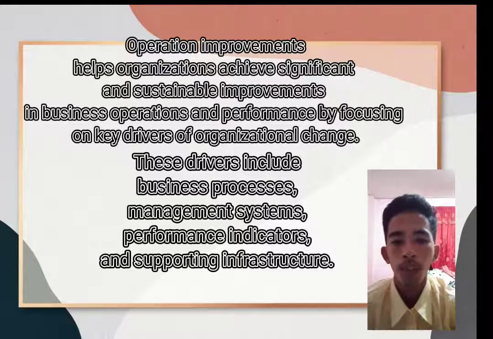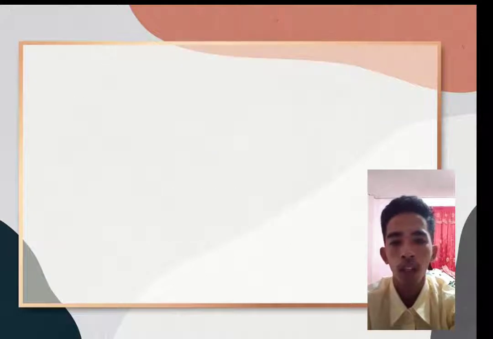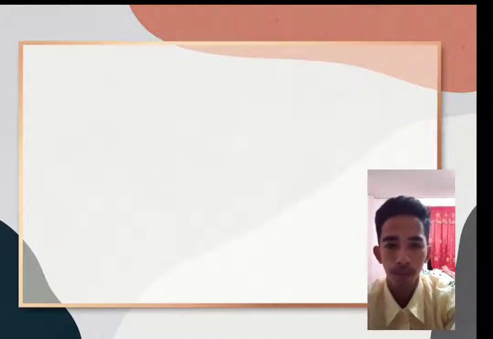Operation improvement is important because effective practices that support business process improvement can help remove inefficiencies and ultimately improve the productivity of team members. With goals of enhancing processes, organizations can evaluate performance metrics and evolve processes without restricting the way teams work.